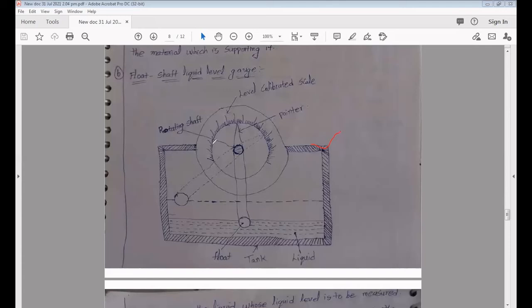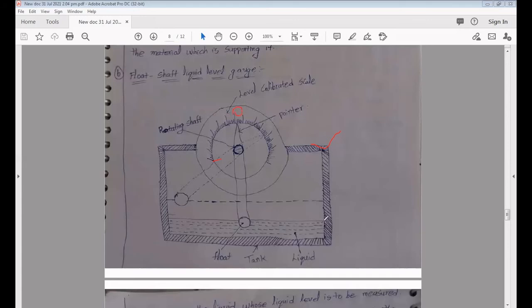It is based on the float movement. Either the float moves to the left-hand side with a certain angle, in which case the pointer also moves according to the maximum level. Suppose, for example, we indicate this as the 0 level of the float.